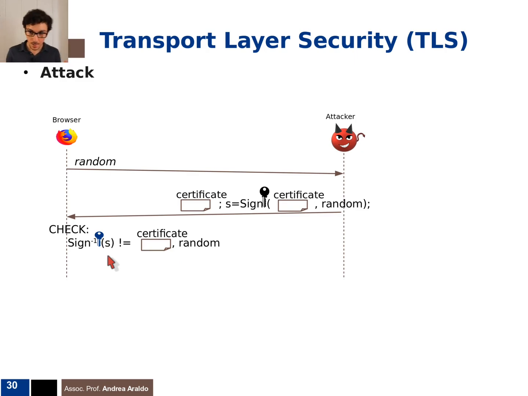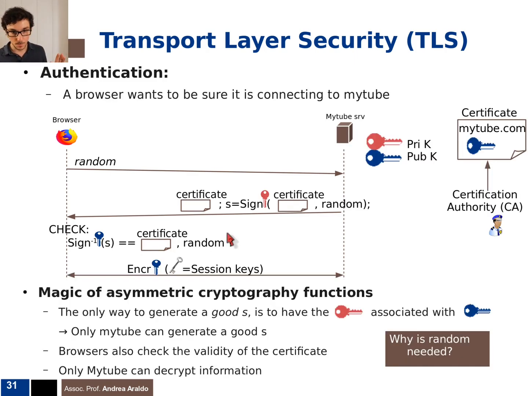So to recap, MyTube can show that it is actually MyTube because it is the only one who is able to sign information, certificate and random in this case, such that the inversion with the public key actually works.